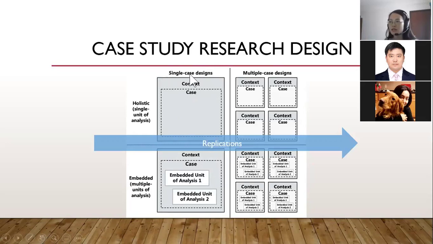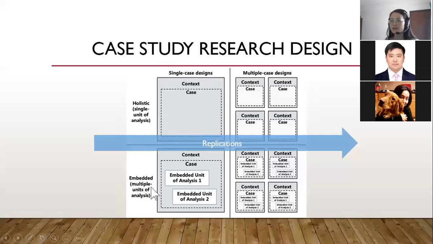So either single or multiple cases, that's the horizontal axis. And the vertical axis is how many units of analysis you are using. So either holistic, just one single unit of analysis, or embedded, that is multiple units of analysis.